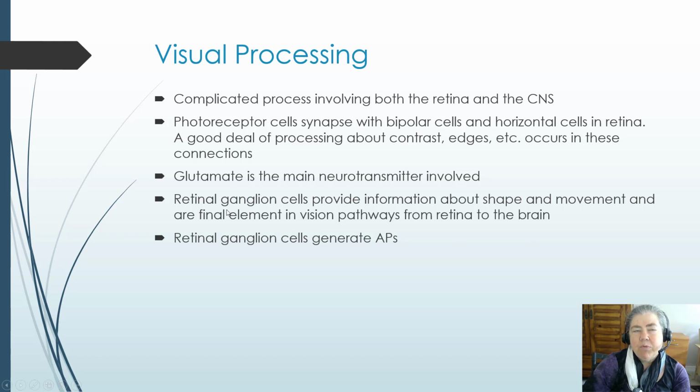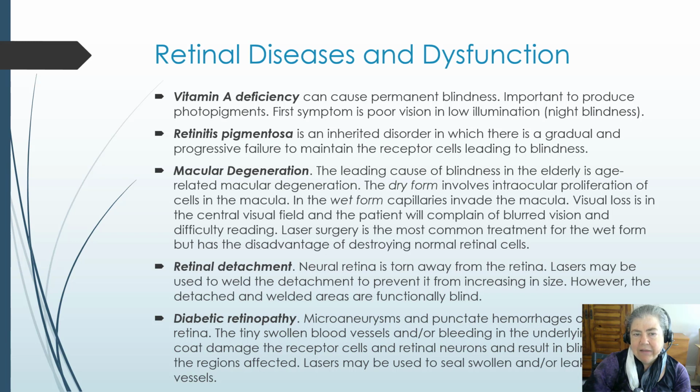Because we tend to think about processing as happening in the brain, but within the retina, we're already beginning to process information about contrast, about edges, and perhaps about movement. And the neurotransmitter that is used by those cells in the retina is glutamate. And then the retinal ganglion cells, again, are continuing to process information, and here it's about shape and movement primarily.